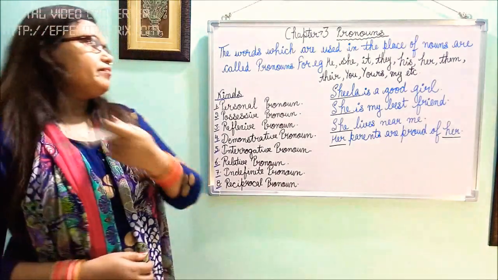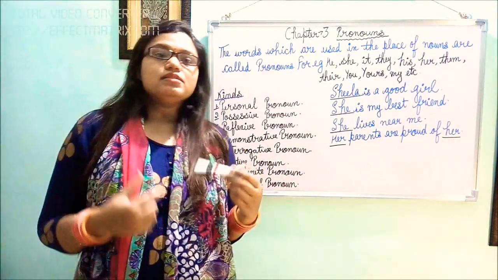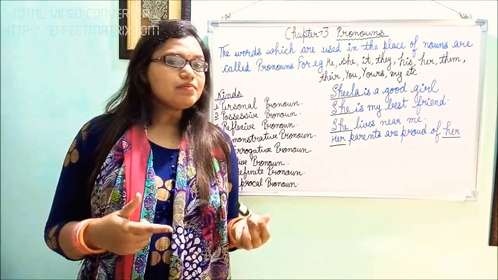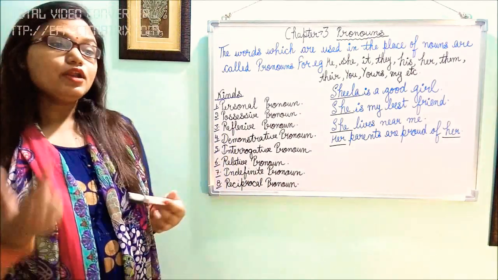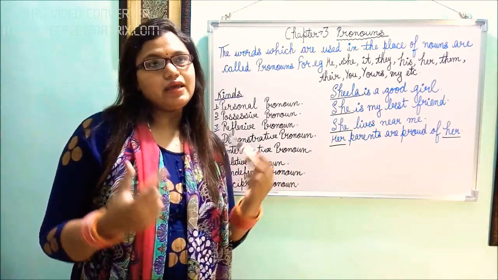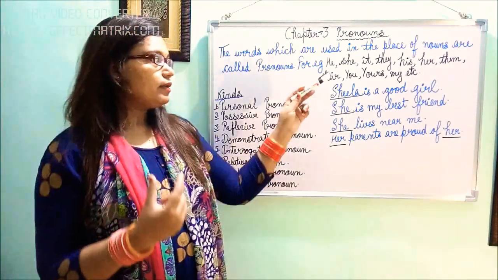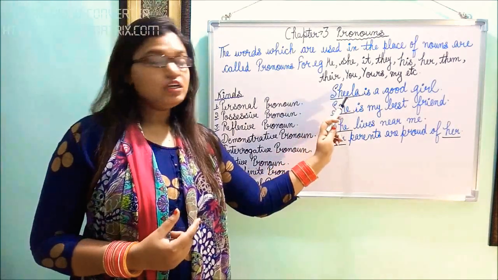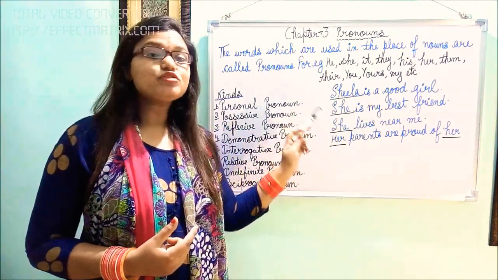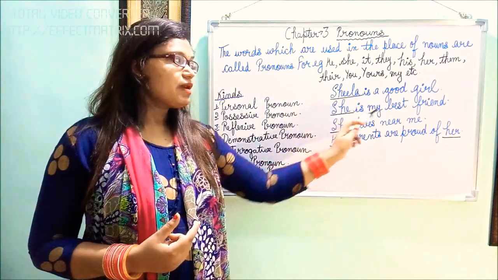Now, see, what is a noun? The name of a person, place, thing, or animal is called a noun. Now, suppose we have to write about one person like Sheila. Sheila is a good girl. Sheila is a noun. We have to write about her. Sheila is my best friend.